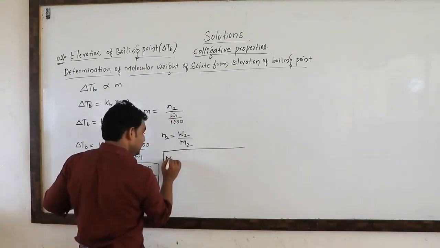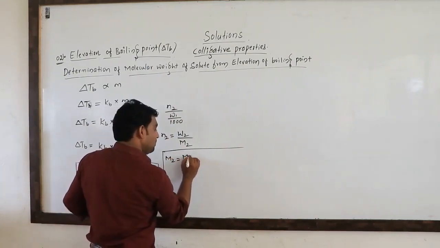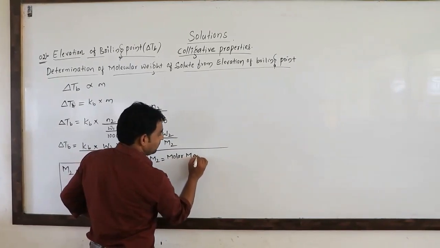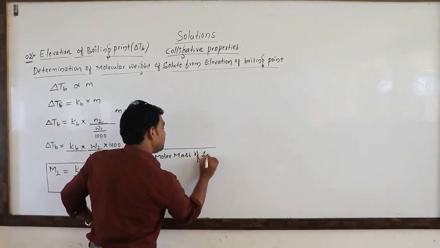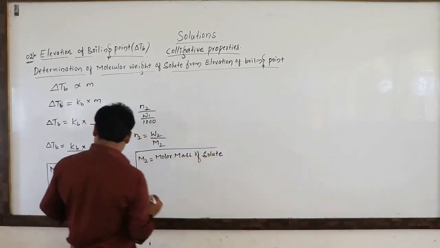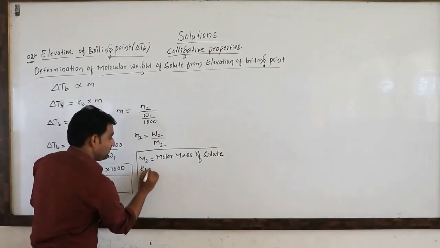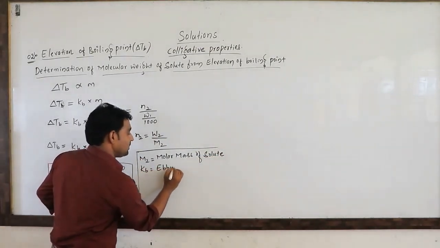Now I will write this one. M2 is the molar mass of solute. Next, Kb is the ebullioscopic constant.